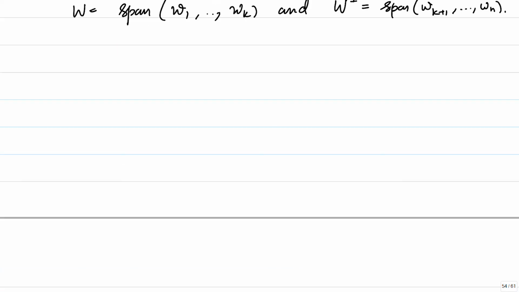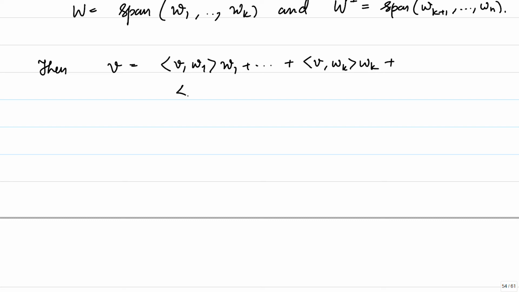And the good thing about orthonormal vectors is that then v is the inner product of v with w1 times w1 plus up to the inner product of v with wk times wk, plus the inner product of v with wk plus 1 times wk plus 1 plus up to the inner product of v with wn times wn.